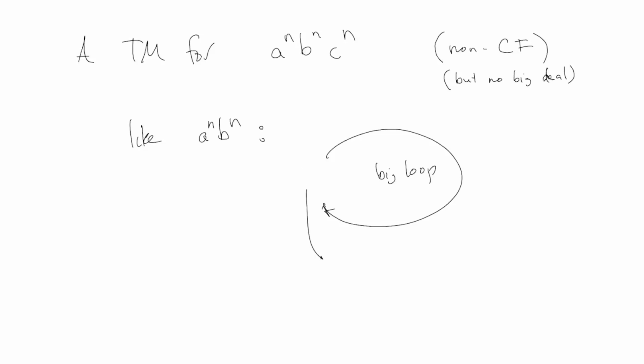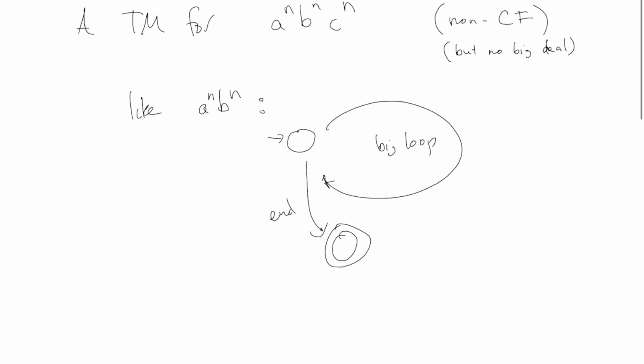That's not meant to be an accepting state. I just mean you start somewhere, you do a big loop here, and then you have an end game little spur, if you will, at the bottom. This is very much the same shape as the A to the n, B to the n machine.